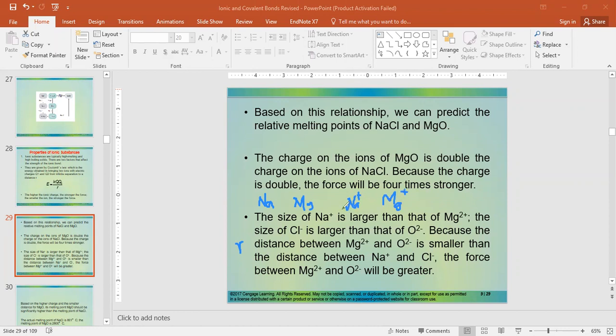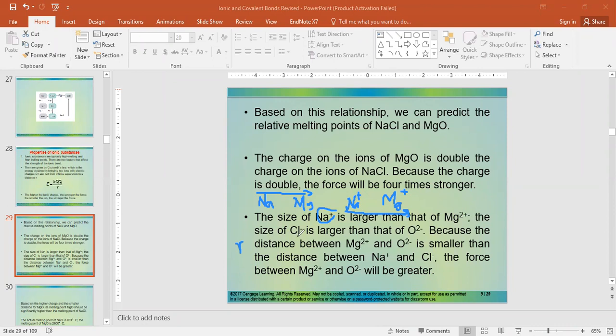You can see that there is decrease in the size of the particle in that direction. There is also decrease in the size of particle in that direction. I have explained that. And that is why we are saying that the size of the sodium ion is larger than that of the magnesium ion.